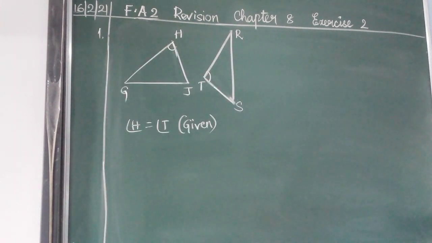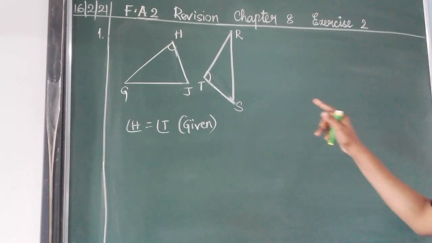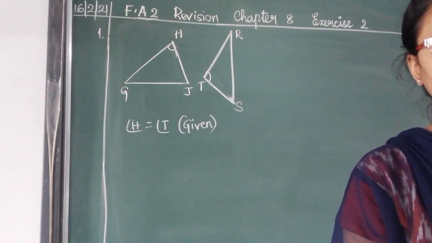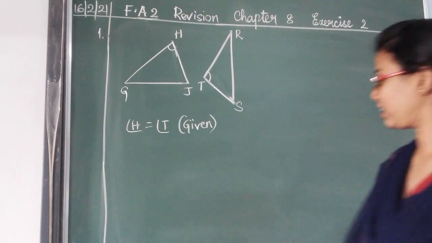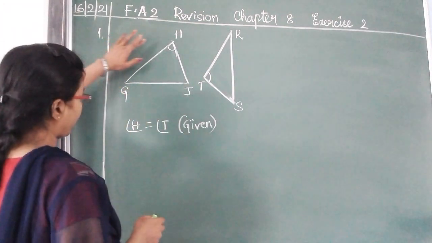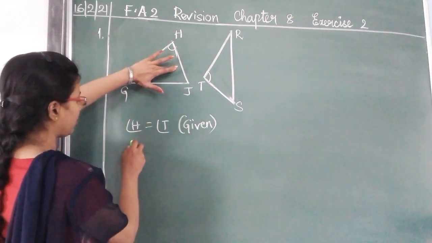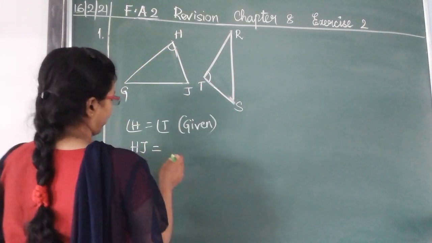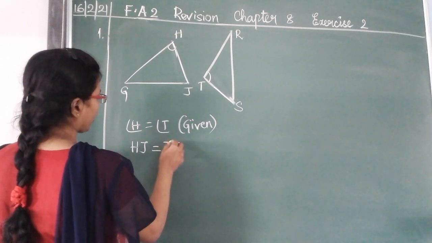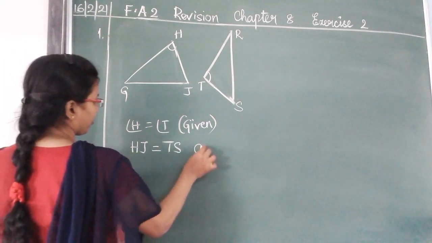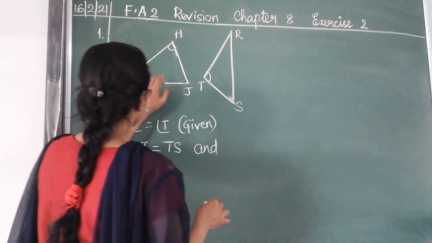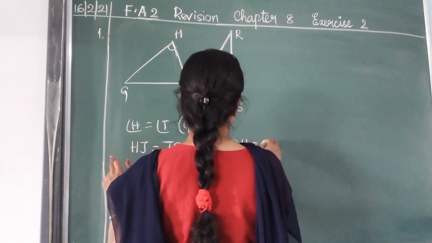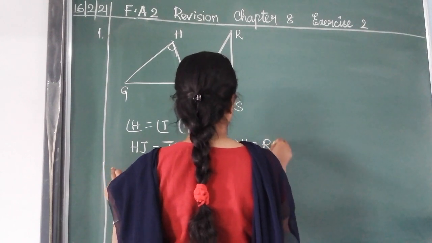HJ and TS are equal and GH and SR are equal. HJ, this is the smaller side, HJ is equal to TS, and GH is equal to RT.